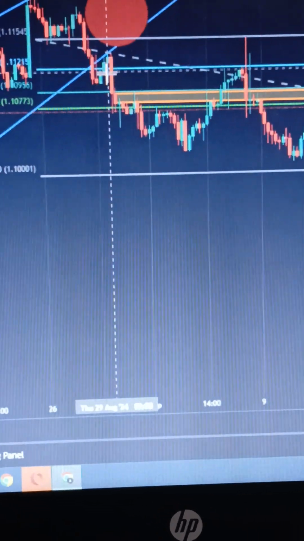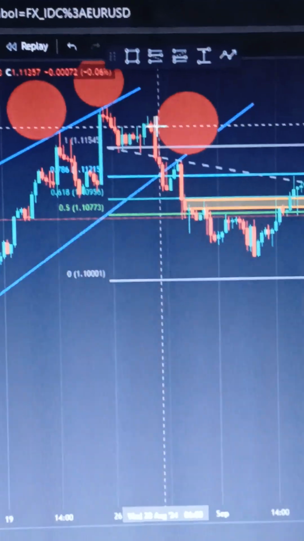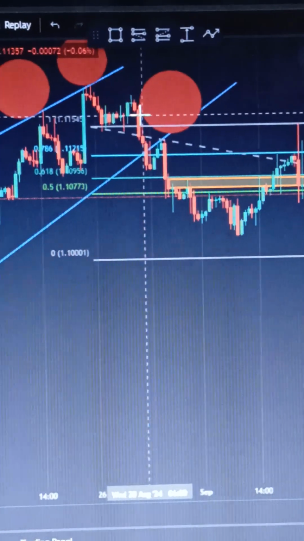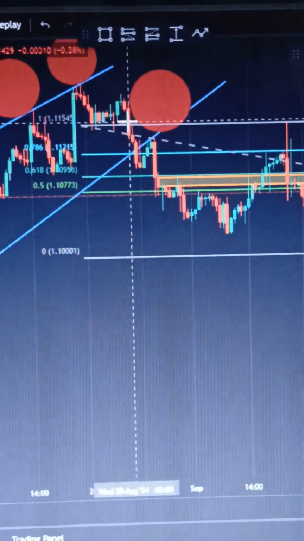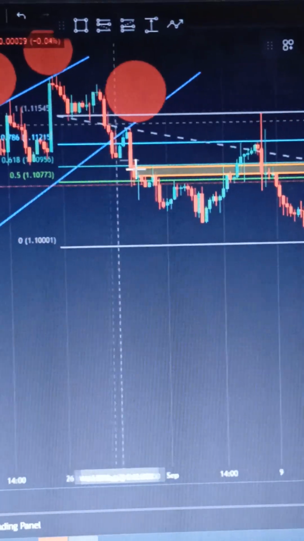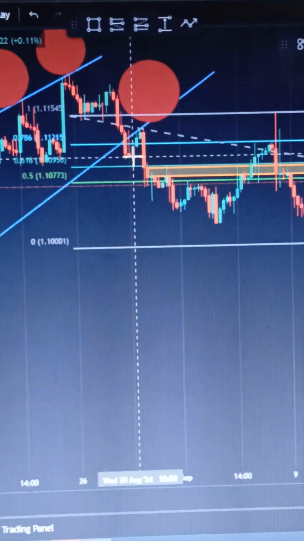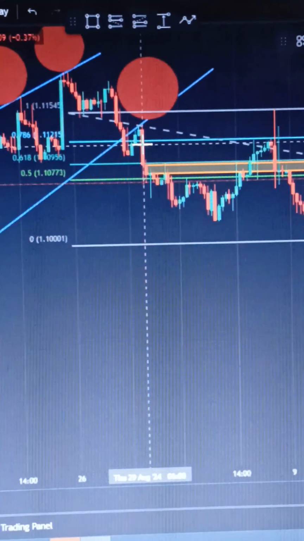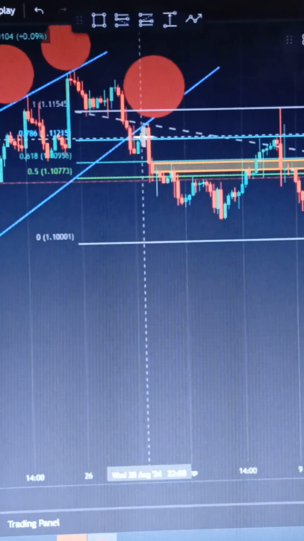You can see the market make, after this breakout over here from this right shoulder, which the market actually used to break out from the trend, then the market made these three bullish candles, which you can see here, 1, 2, 3.